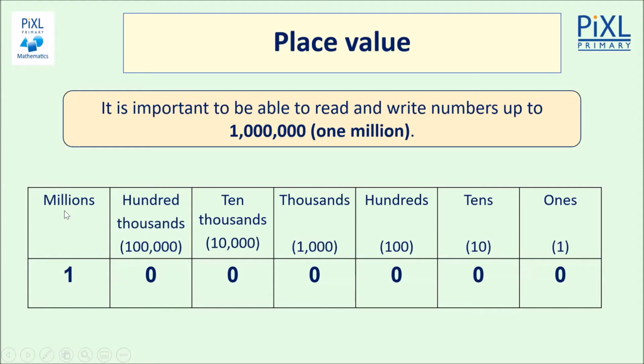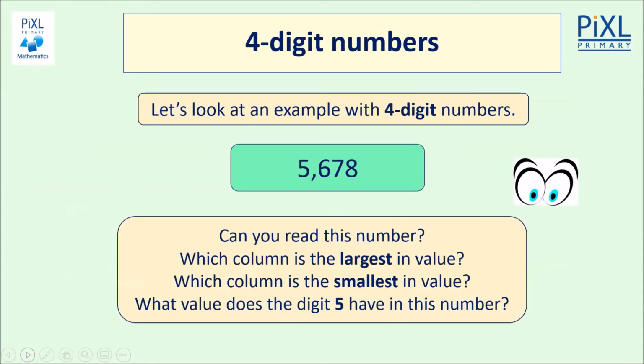So today we're talking millions, 100,000s, 10,000s, and the ones that we're really familiar with: thousands, hundreds, tens, and ones. Let's have a look at an example with 4-digit numbers first, because we're really familiar with 4-digit numbers. Look at the number in the green box.